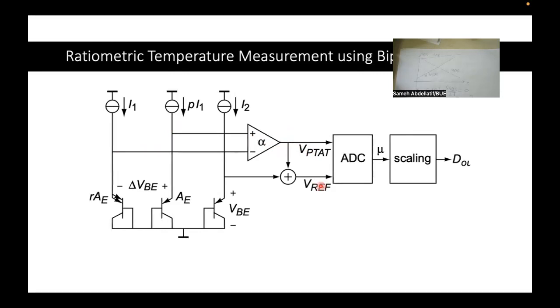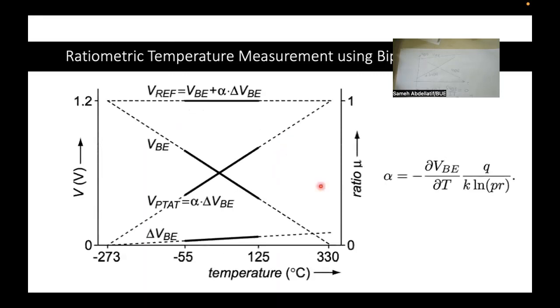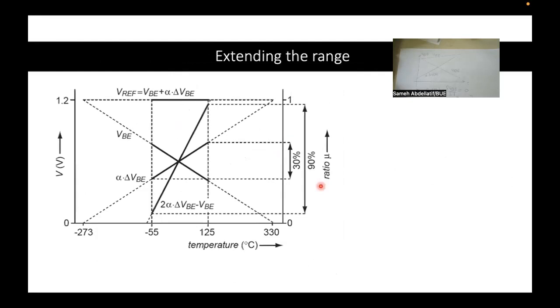Now, we can turn those into numbers. So, for example, if we go to this example here, you will find that this is alpha delta VPE, which expresses a variation in the temperature between negative 273 Celsius up to 33 Celsius. And you can easily express this in terms of what we can call the mu.